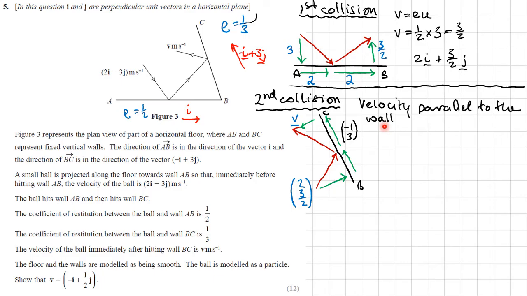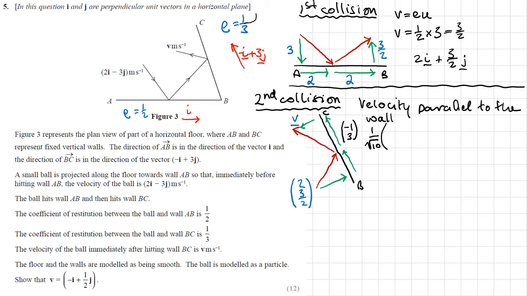So I'm going to start with the velocity that's running parallel to the wall, and to find this vector, I need a unit vector which runs parallel to the wall. So that means I need to divide this vector here by its length. Now its length is going to be the square root of 1 squared plus 3 squared, which is root 10. So I want to divide it by root 10.